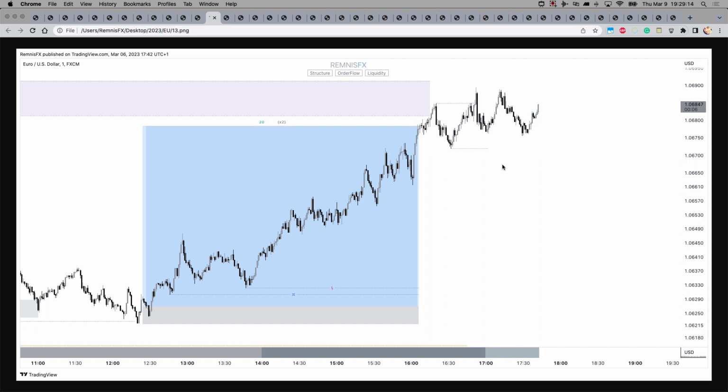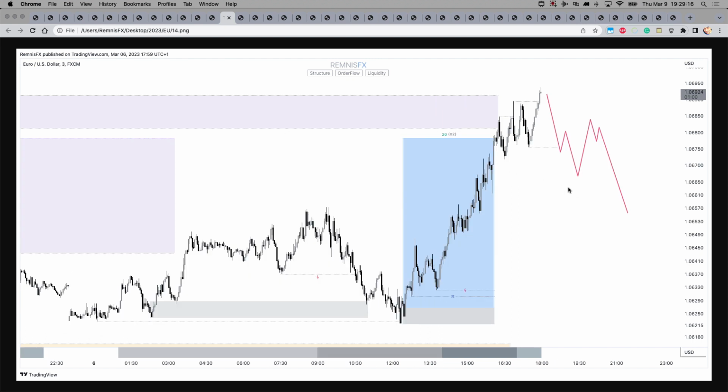So let's go to the next screenshot. Yeah, so at this point later on, I got another alert that the high of the POI is now being liquidated, right? This one here, right?